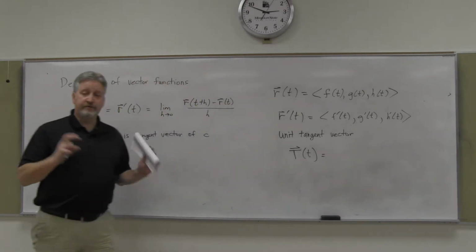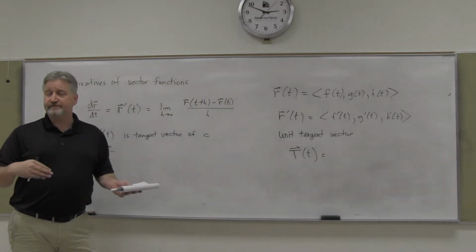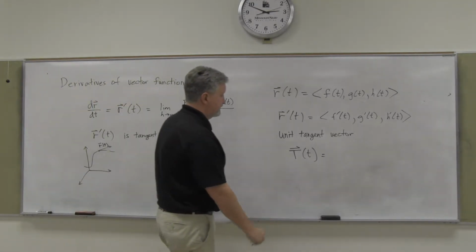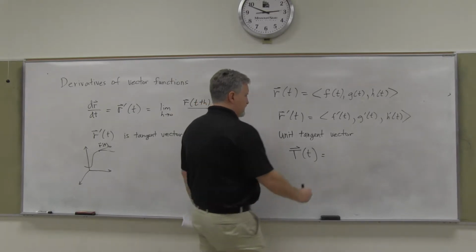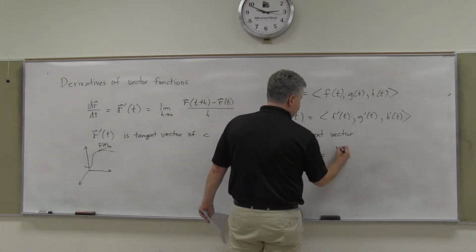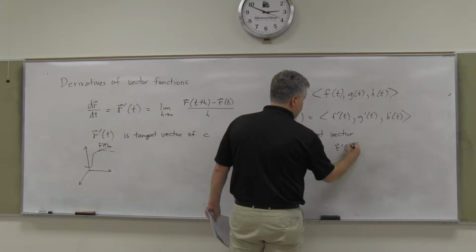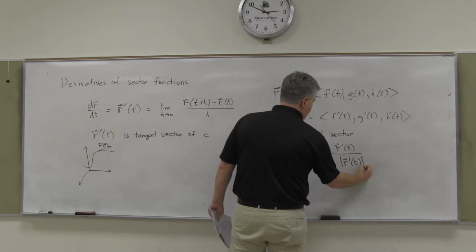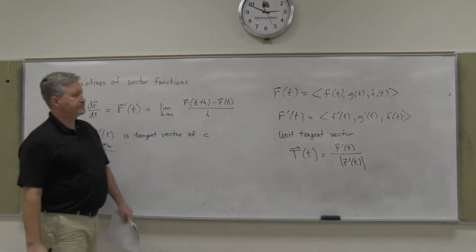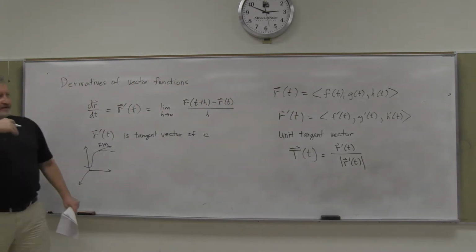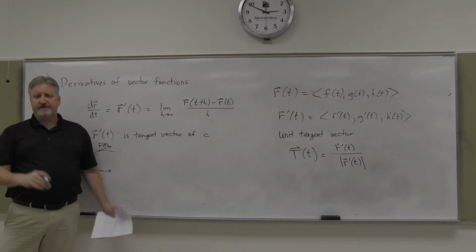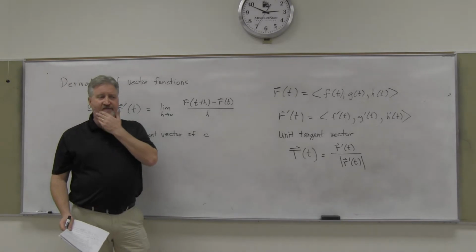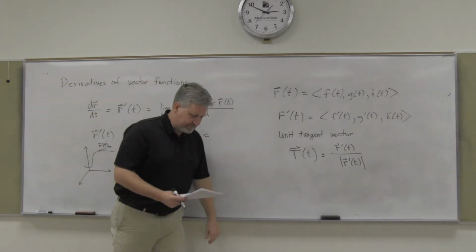Remember how we unitize it: we take that vector and divide it by its magnitude. That makes it one unit long. So it's r prime of t divided by its magnitude, so it has the same direction as r prime. It's just that it's 1 unit long. It standardizes the length, is another way to think of it.